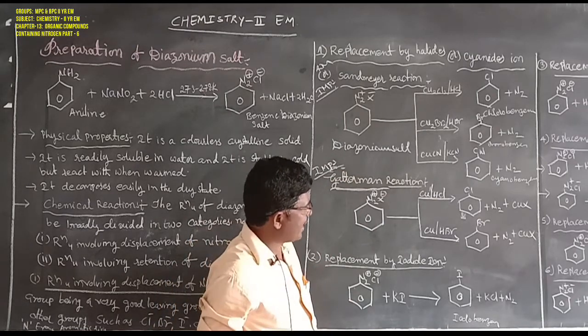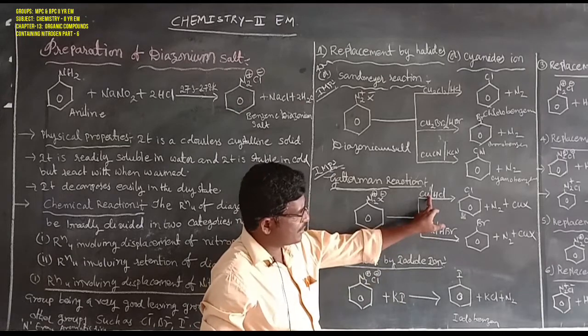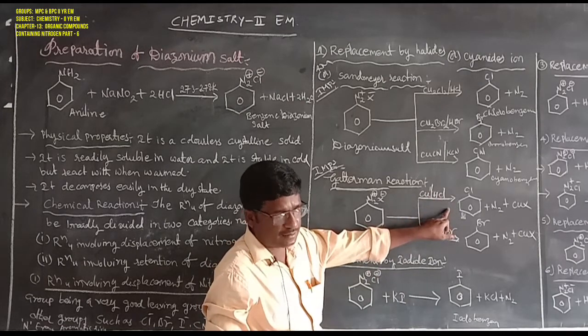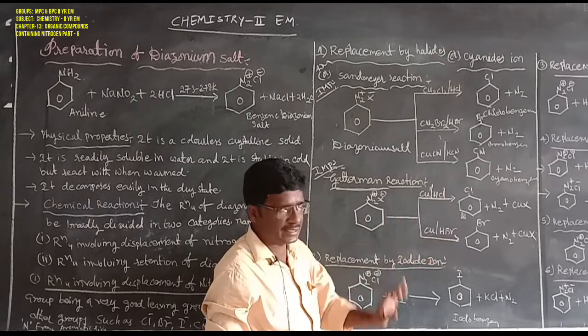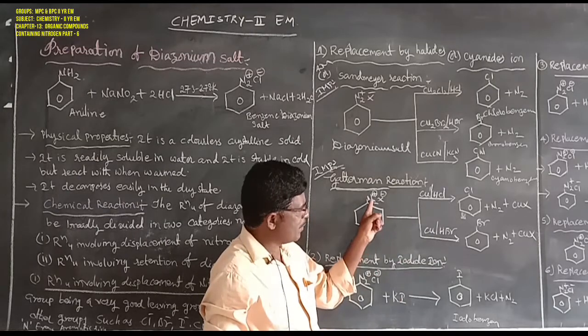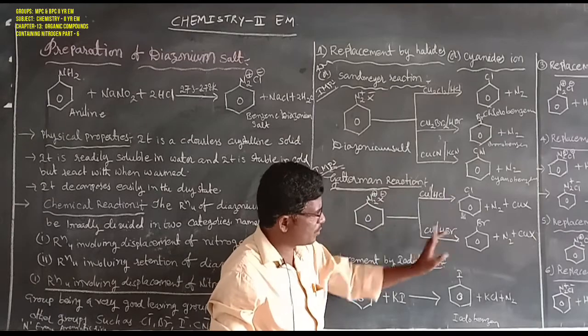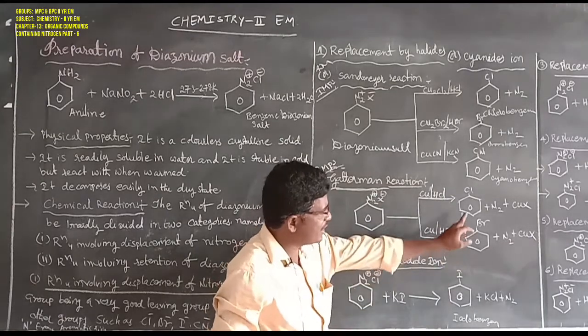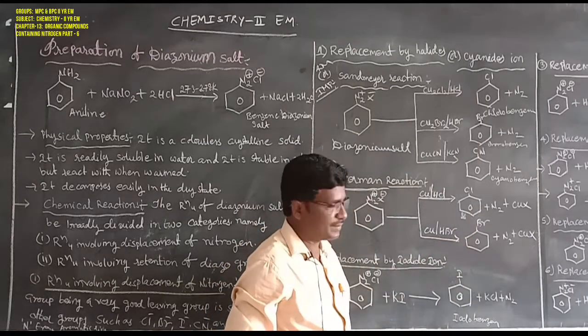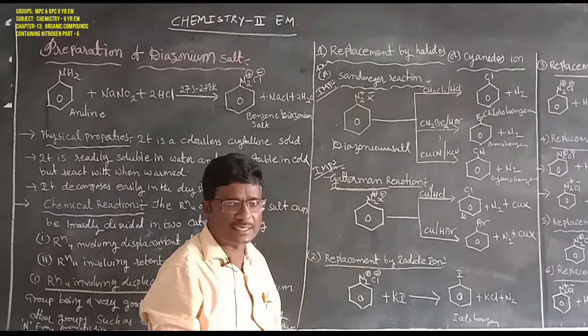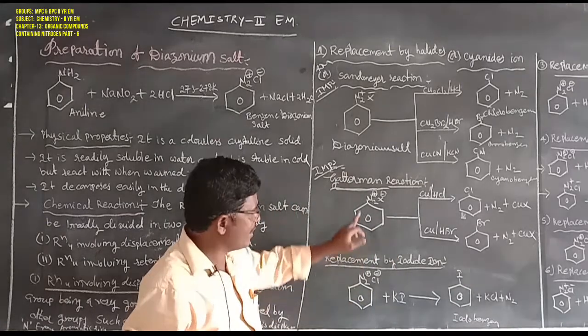Benzene diazonium chloride treated with copper and hydrochloric acid, copper and hydrobromic acid, then the nitrogen atom is displaced and replaced by chlorine and bromine, giving chlorobenzene or bromobenzene. That is called the Gattermann reaction.